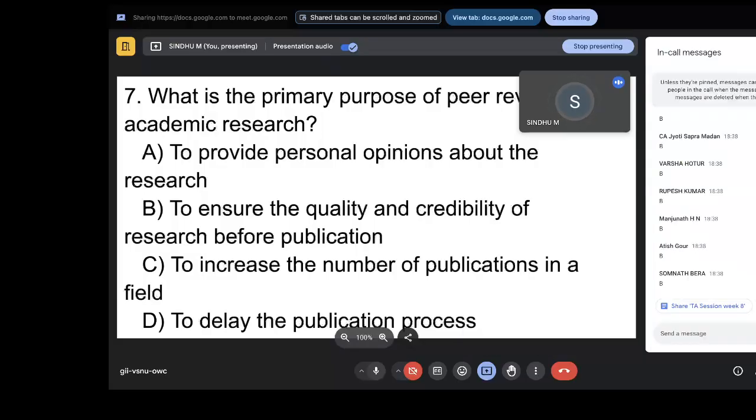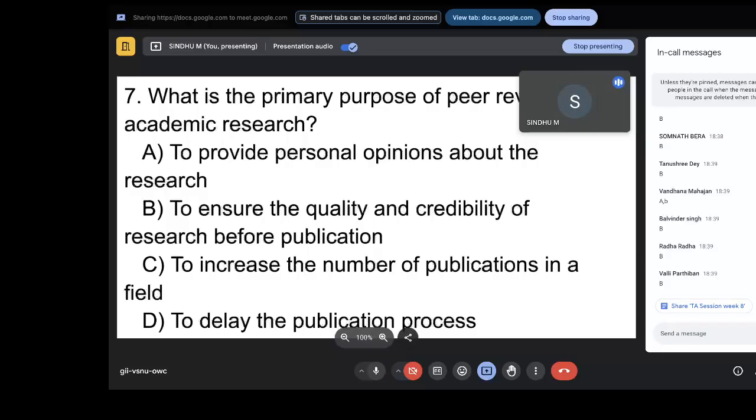Okay, so most of you have written the answer. This question is about the importance or the primary purpose of peer review in academic research. Peer review means that before publishing a paper, it will be sent to other researchers in the field.